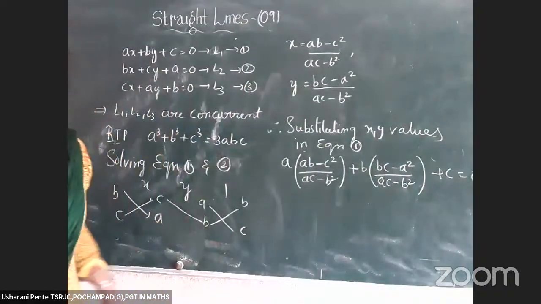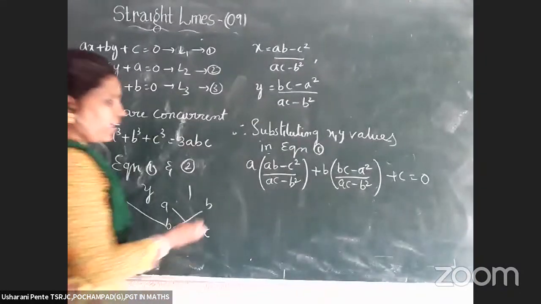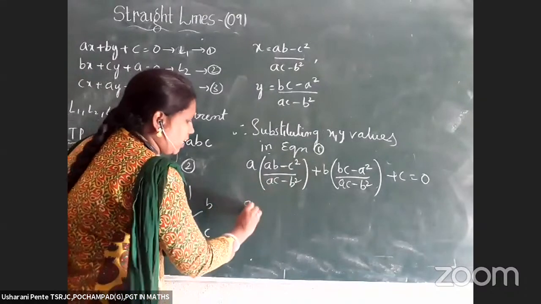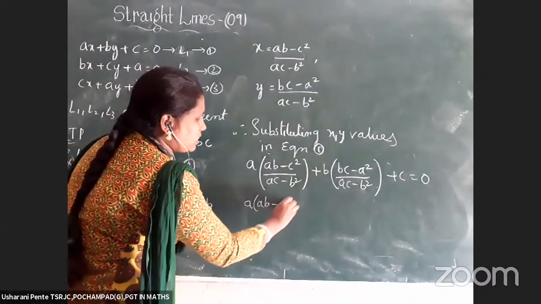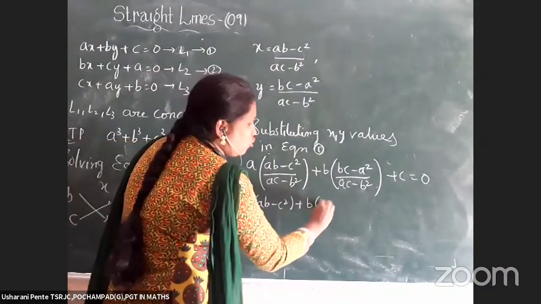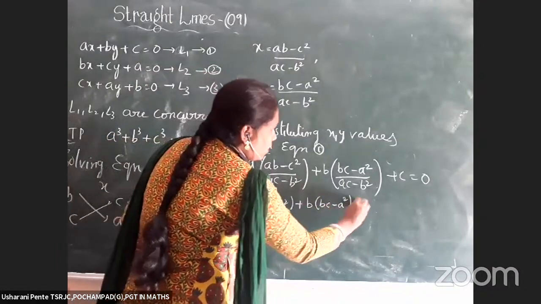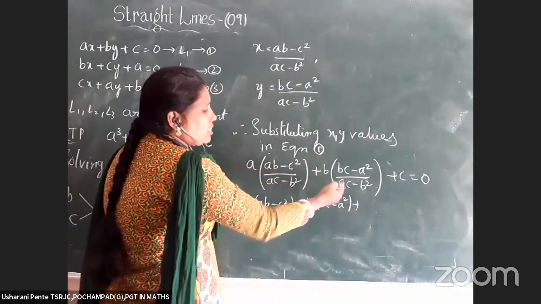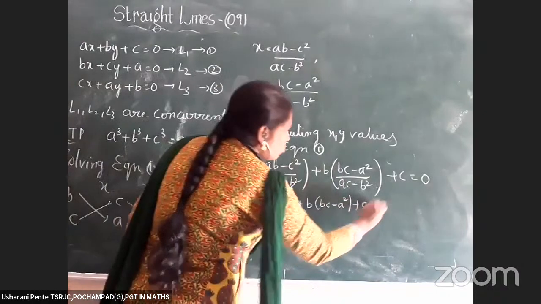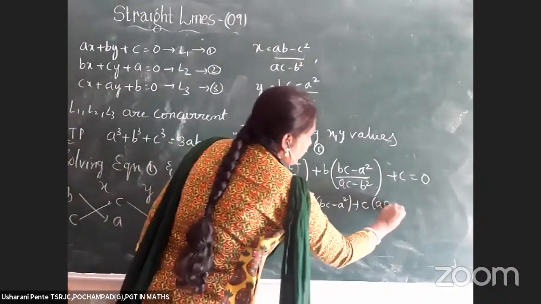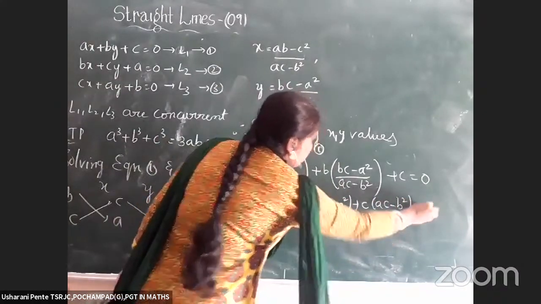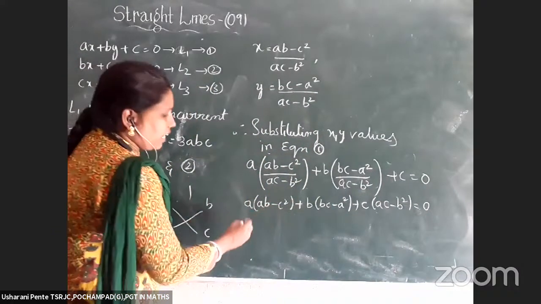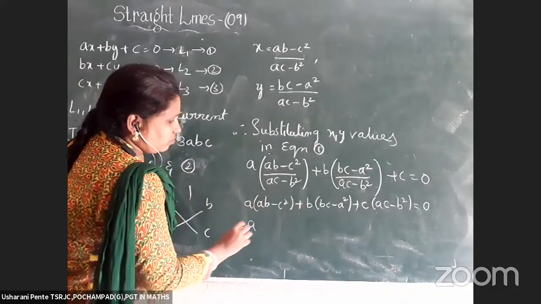Then if I take the LCM, A into (AB minus C square) plus B into (BC minus A square) plus, as these two terms have the same denominator, C into (AC minus B square), is equal to 0. Now multiplying A inside, what will we get? A.